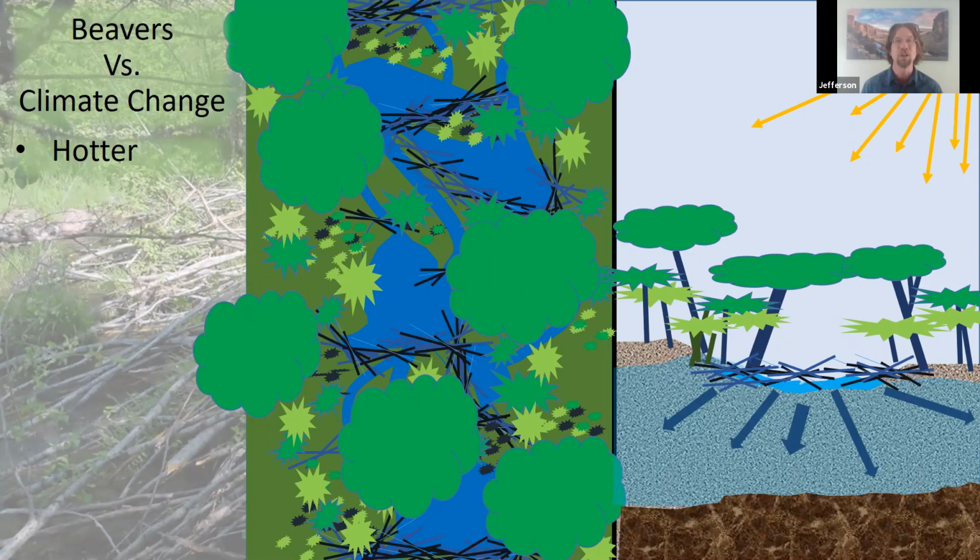And we're talking about lots of water here, not just the water that you see behind the dams. We're talking up to 20 or 30 million gallons of water banked underground by a single beaver family. So picture continuous chains of beaver colonies on a creek, and you can appreciate the potential impact.